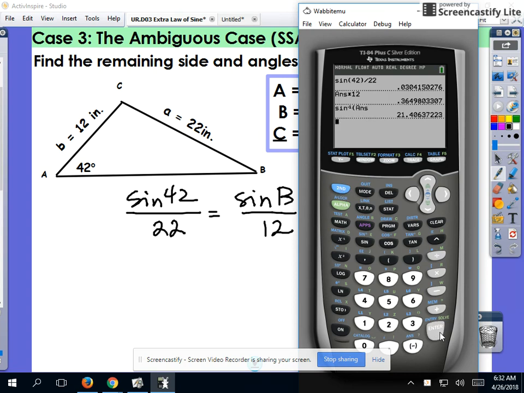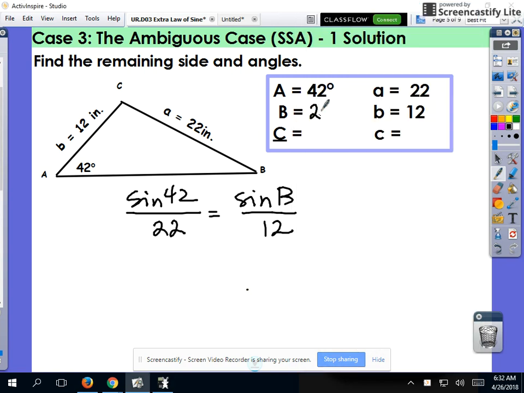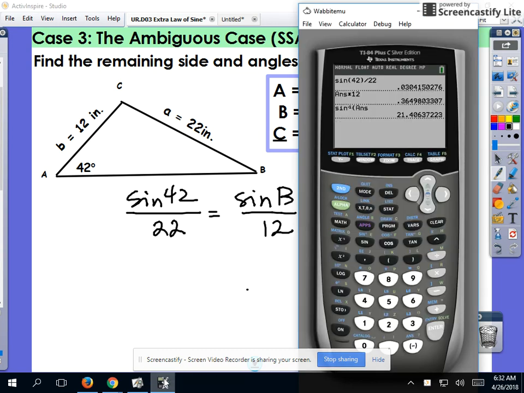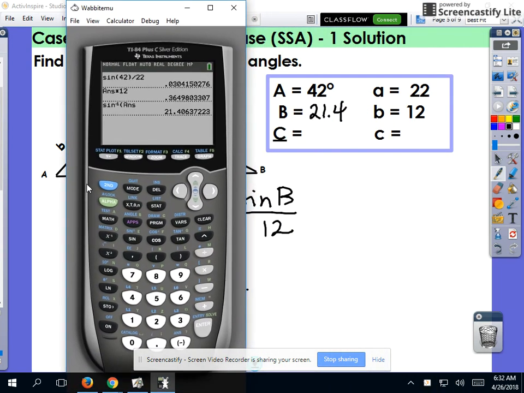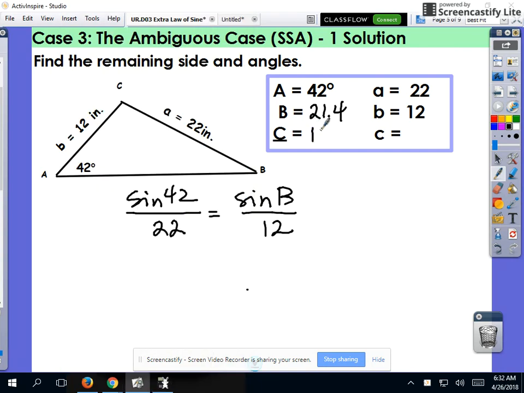So I'm getting 21.4, so I'll just write 21.4. Now I know all three angles of a triangle add up to make 180, so I can say 180 minus our last answer, minus 42, which gives us 116.59. So I'll say 116.6.